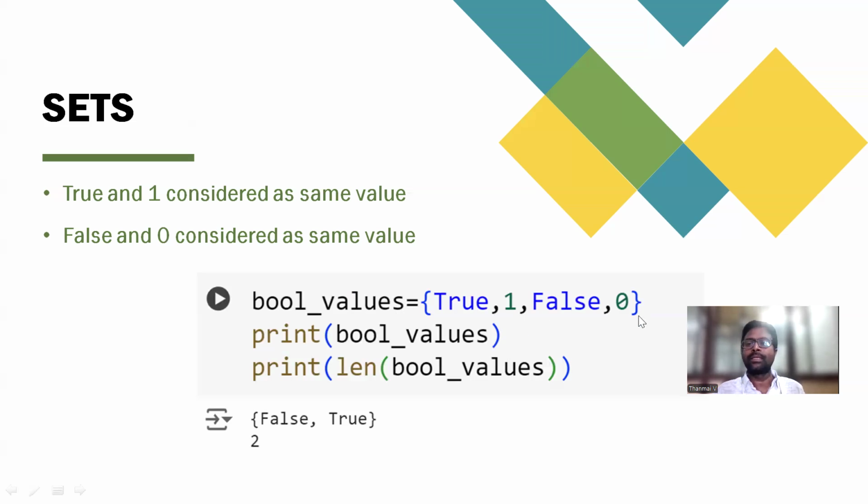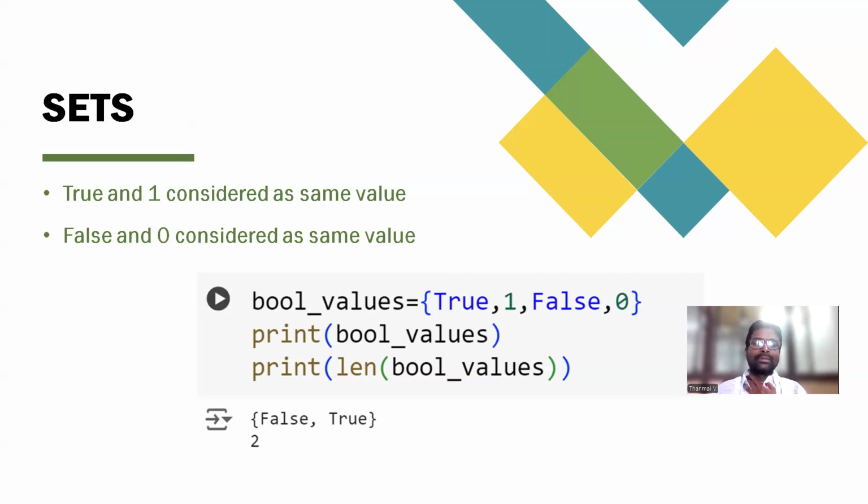Print bool_values, and what are you expecting? Actually, it contains true, 1, false, 0, but when I print this set, it shows only false and true. The 1 and 0 are not taken because they are duplicates. True and 1 are duplicates, false and 0 are duplicates. That's why it takes only true and false, the two distinct values.